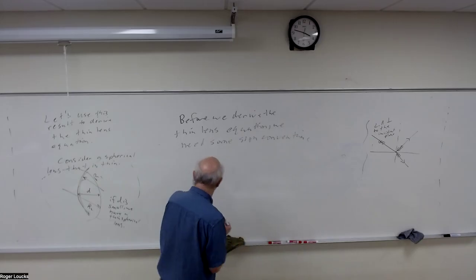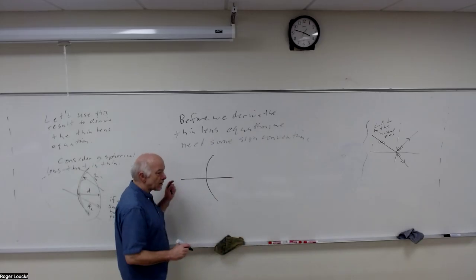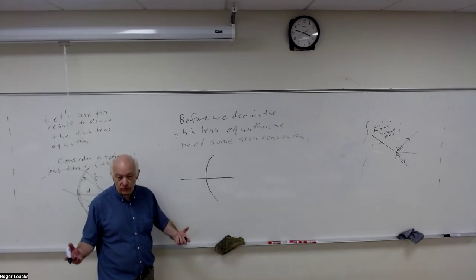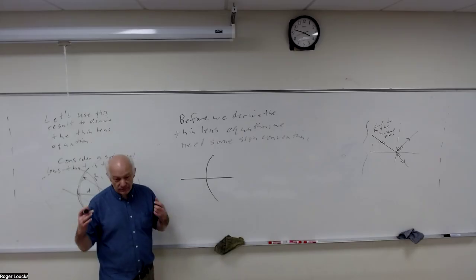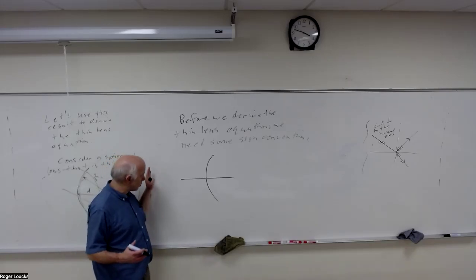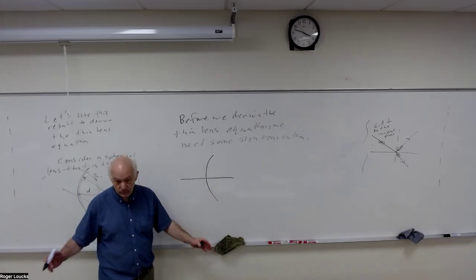Okay, so here's a convention. I'm going to assume that the light is always starting on the left and going to the right. It doesn't have to, but I have to grade people's things, and this is going to be too convoluted for me to do if people do something else. We're always going to have our light going from the left to the right, just so everyone's doing the same thing.